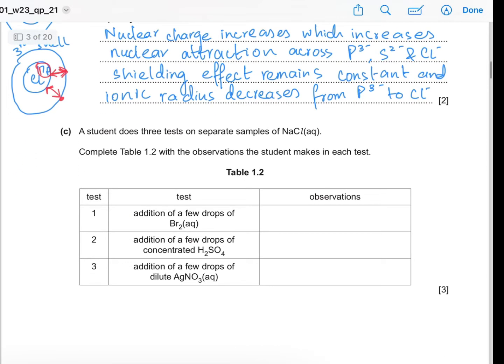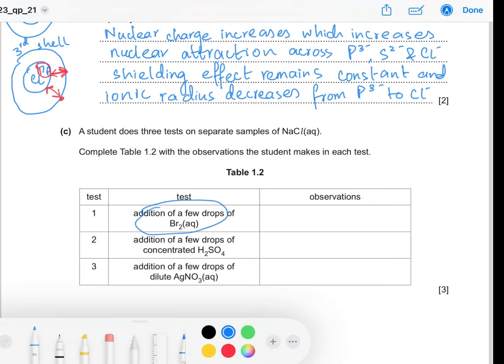Part C, a student does 3 tests on separate samples of aqueous sodium chloride. Complete table 1.2 with the observations the student makes in each test. So the first test is an addition of a few drops of aqueous bromine.